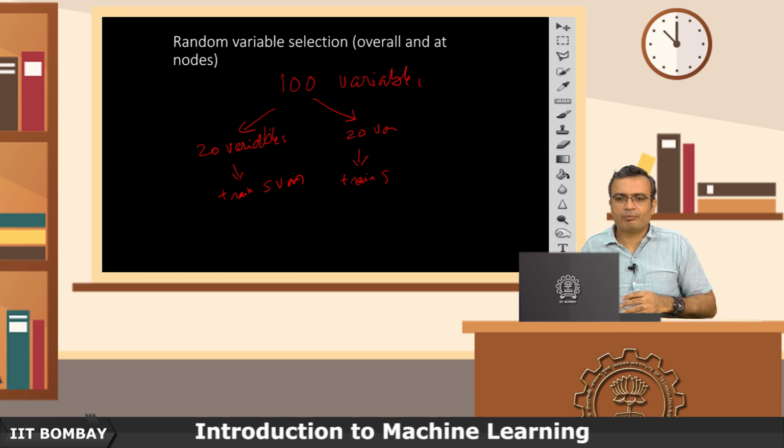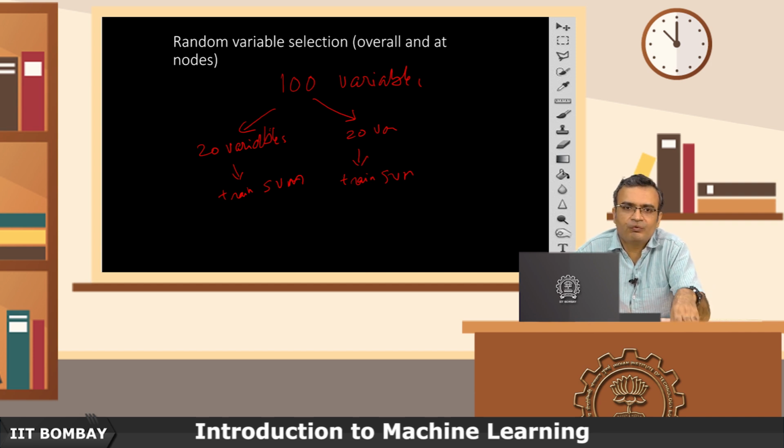Okay, and do that multiple times, and then take the average of these models, and that will give us an ensemble. We already saw how this is done for random forests, where at each node we select a subset, not at the model level but at the node level, and that gives us different trees within the random forest.